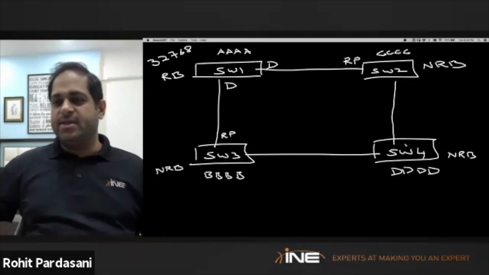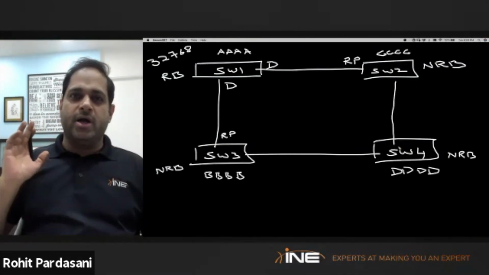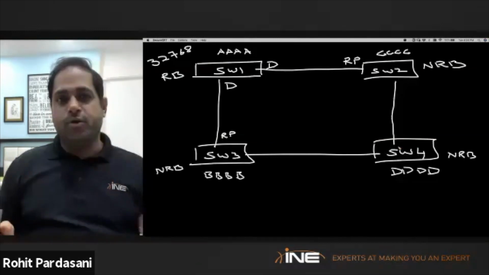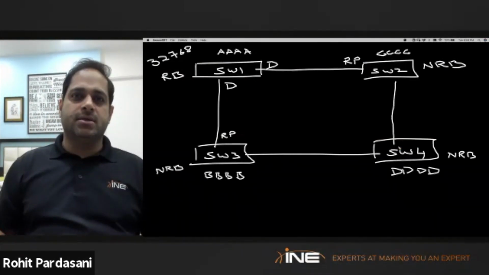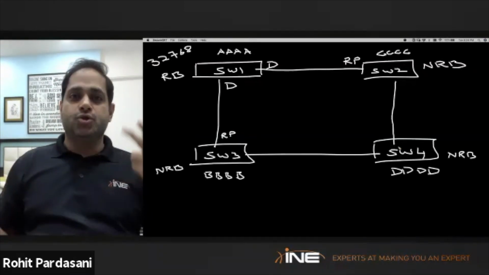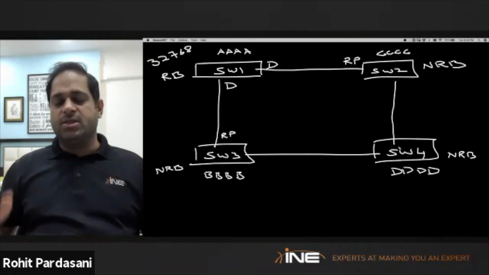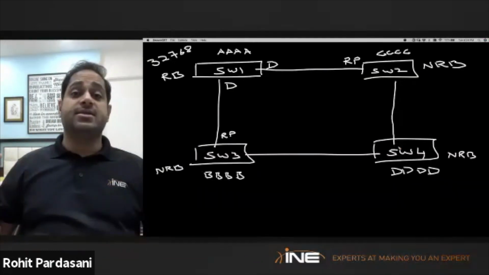Now let's compare switch 4. Switch 4 has two paths. It could transit switch 2 or it could transit switch 3. It first compares cost. What's the cost on the left side towards switch 3? 200. What's the cost if it goes through switch 2? 200. Cost is the same.